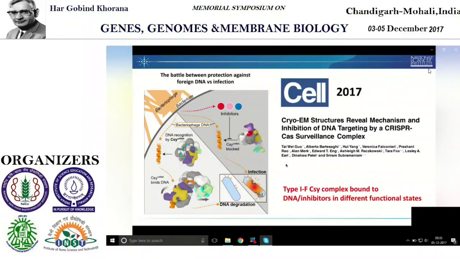When bacteria get infected by bacteriophages, CRISPR complexes, which are now very much in the news, swing into action, and one of two outcomes is possible. Either the DNA is recognized by a CRISPR complex, and it leads to cleavage of the DNA, and the bacterium survives, or the bacterium is destroyed, and it leads to essentially a replication of the phage.